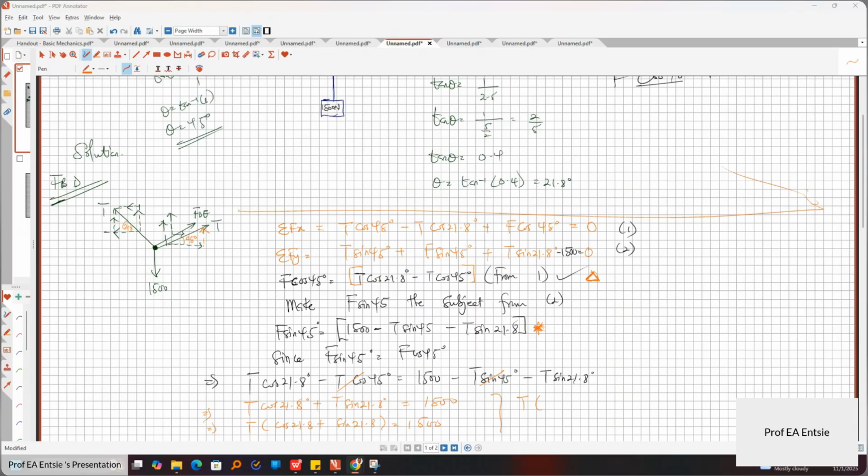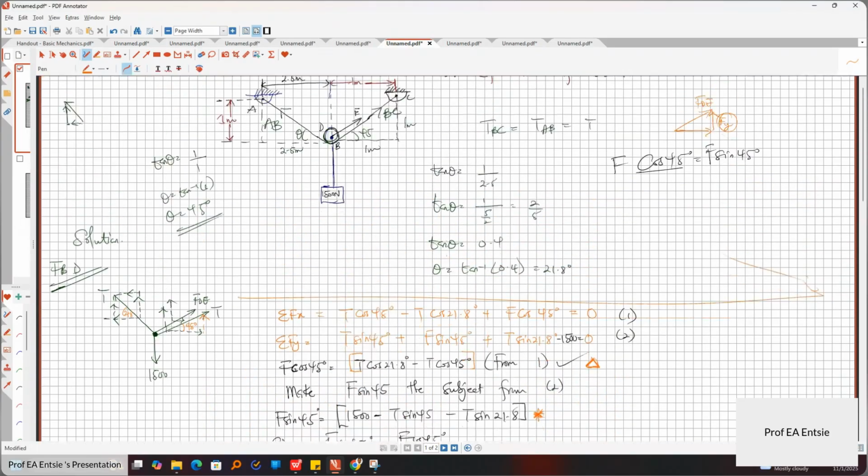What do I get? I get 1.3. So 1.3 times T equals 1,500. You divide there with 1.3.